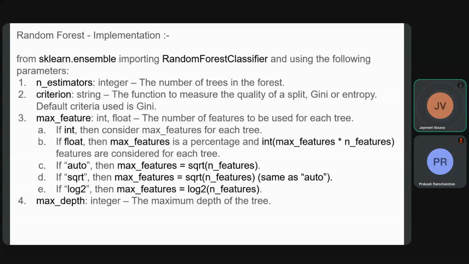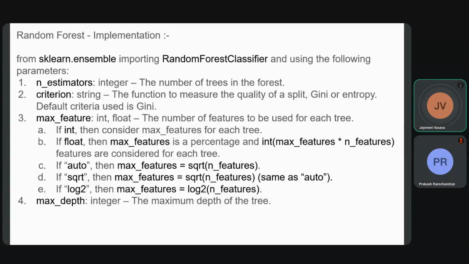The n_estimators is the number of trees in the forest. Criterion is the function to measure the quality of the split, which can be Gini or entropy. By default, it's Gini. Then max features is the number of features to be used for each tree.